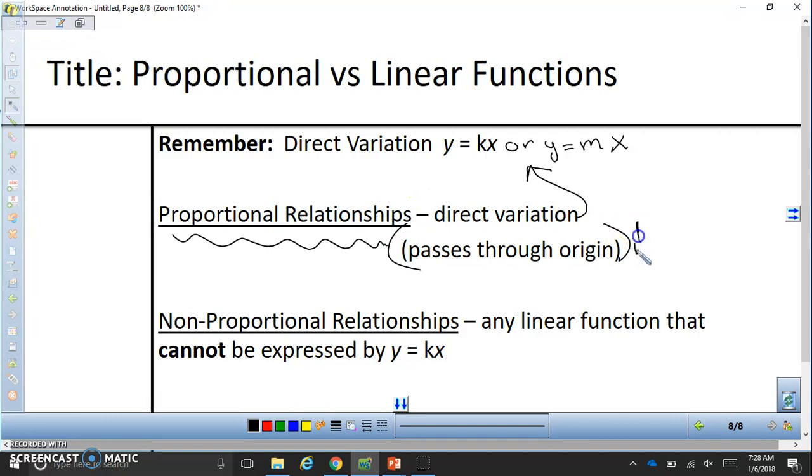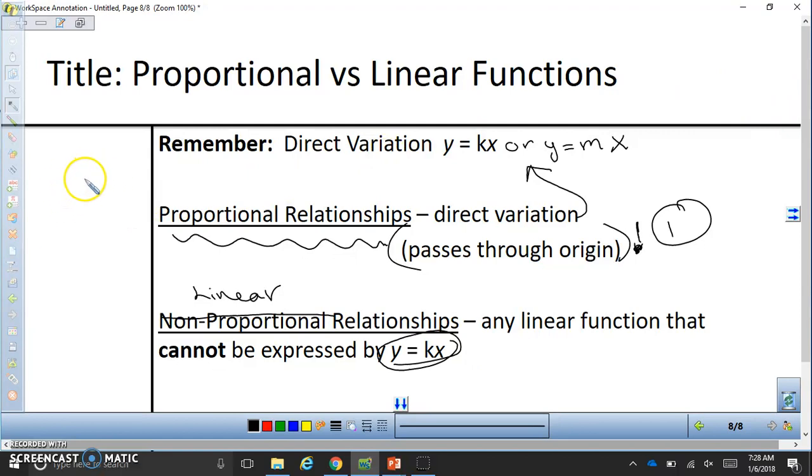That is important. That's number one. They pass through the origin. Non-proportional, or linear, is any linear function that cannot be expressed by y equals kx. And I will show you by graphs what I mean by this.